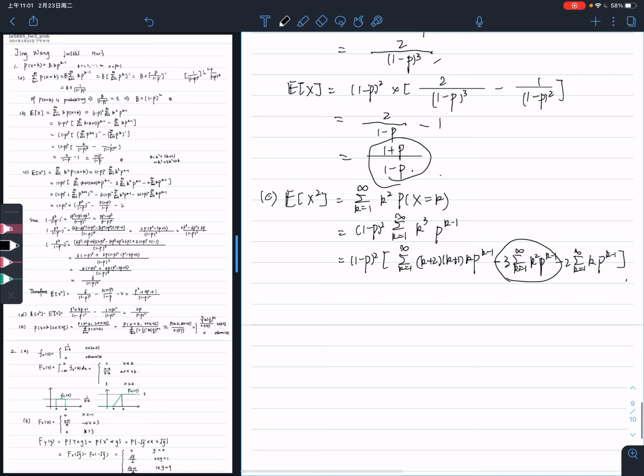The last two parts are computed above. Now we want to know the value of the first part.